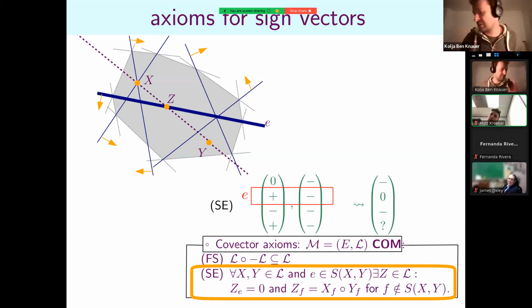It just means it doesn't go too far away from X and Y, basically. Okay, so these are the axioms that are satisfied by the set of covectors of a realizable COM.